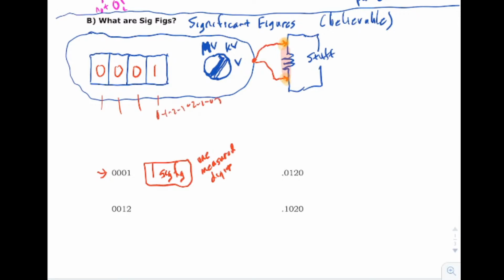You can picture sometimes the meters will fluctuate a little bit. So this one's going 1, 0, 0, 2, 1, 1, whatever. This one's fluctuating, so there's something happening here. You're getting a reading there. That's a measured digit. But these are just sitting here not doing anything, and that's because there's not enough juice to move them. They're not measured. They're not significant figures.